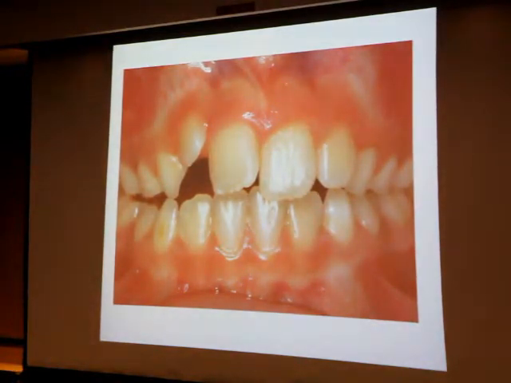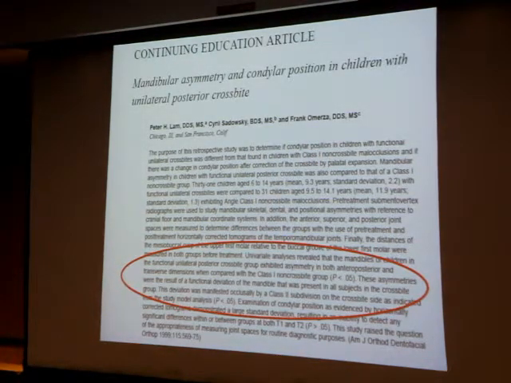Consistent with what you would expect, there is a mandibular asymmetry to that side, and the midlines are off. So before I can rotate the mandible or do any kind of mandibular modification, what do I need to do? I've got to first get my central incisors in the right position. I've got to get the incisors in the right place in the face before I try and adapt the mandible to it. So I go to the literature, I make sure that what I'm doing is reasonable, and it does say that people who have unilateral crossbites like that are predisposed to an asymmetry, and that you should address it.